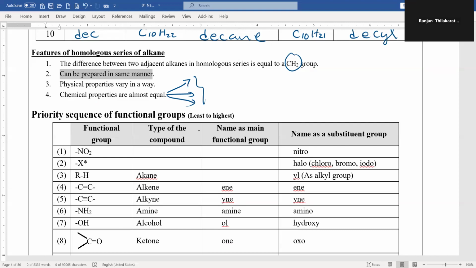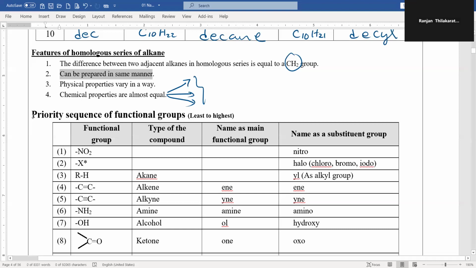There are some other chemical properties like that. They can react with chlorine, bromine, and something like that. There are only a few known reactions in the alkanes. Right? Basically, alkanes can easily be burned.